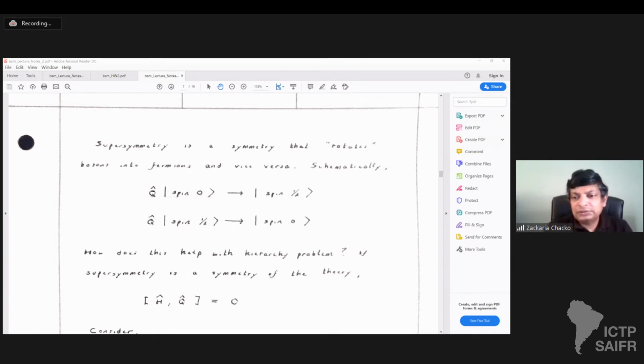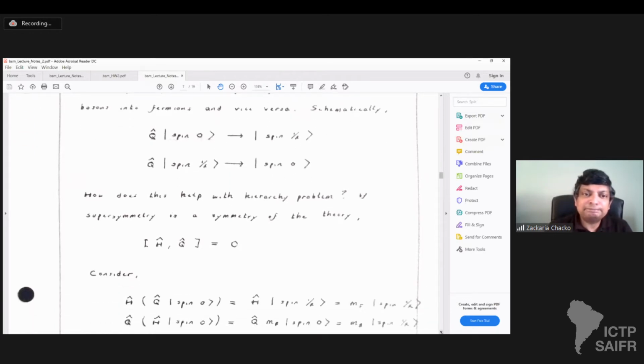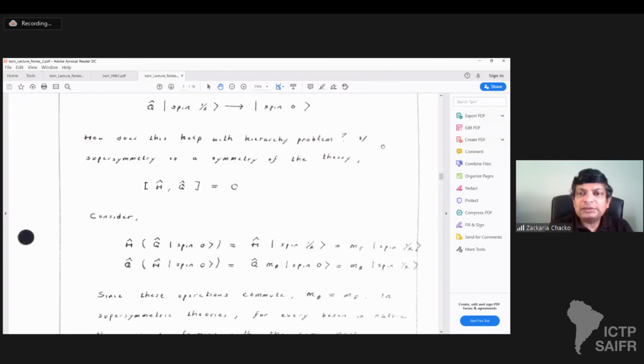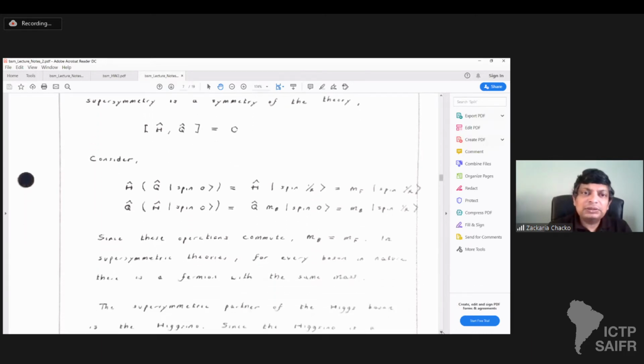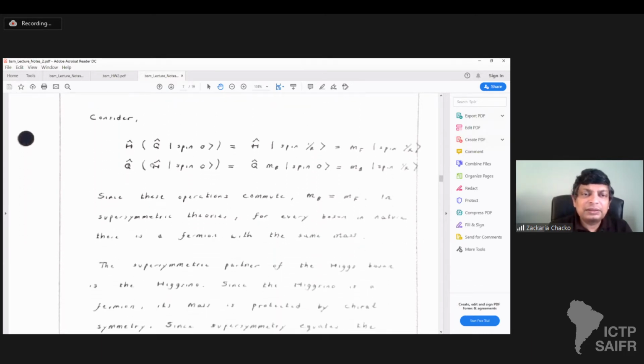So the logic is this. By definition, if supersymmetry is a symmetry of the theory, supersymmetric transformations have to commute with the Hamiltonian. And that's what it means to be a symmetry of the quantum theory. So now let's consider the operations of the Hamiltonian and supersymmetry acting on a spin zero particle at rest.